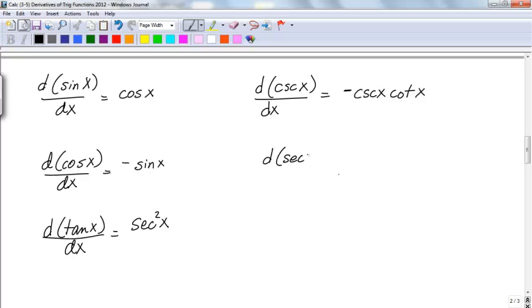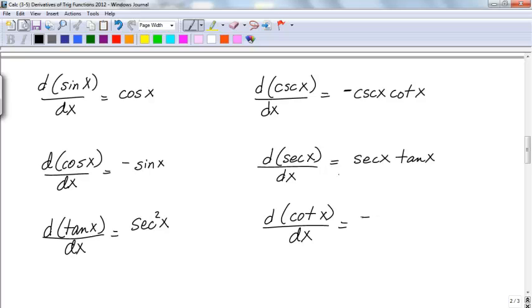So the derivative of secant of x ends up to be secant x tangent x. And then the last one, reciprocal of tangent, is cotangent. So the derivative of cotangent with respect to x is a negative cosecant squared x. Okay, and those are the 6 derivatives of the original 6 trig functions.